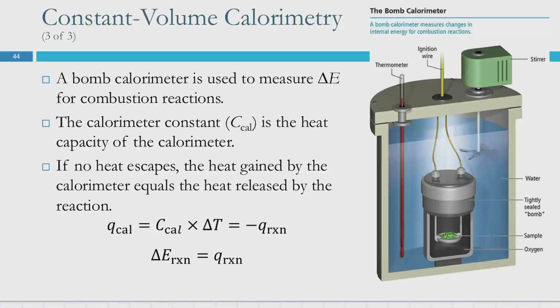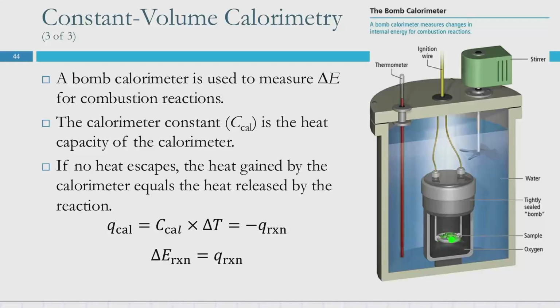So this is what a bomb calorimeter looks like. The reason that it's a bomb calorimeter, presumably it could explode. I'm not 100% sure if that's why they call it a bomb calorimeter, but a bomb calorimeter is just a closed, sealed vessel. So we've got on the inside, this is our bomb.